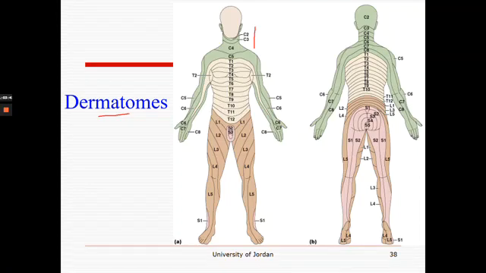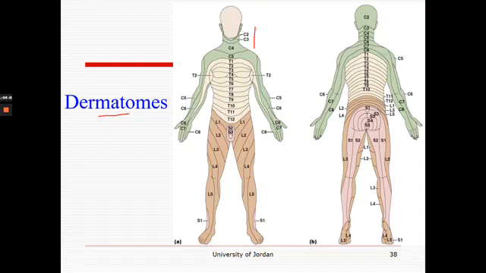You remember that from each segment there are 3 layers. The nervous system develops from the ectoderm, the mesoderm gives the soft tissue, the connective tissue, and the endoderm gives the epithelium.